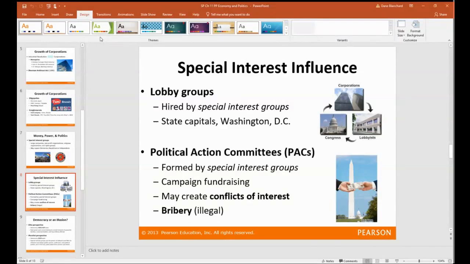So they have to try to find that balance between representing their constituents, the people that they represent, and also at the same time trying to keep happy, for a lack of better words, those companies and organizations that are funding their campaigns.